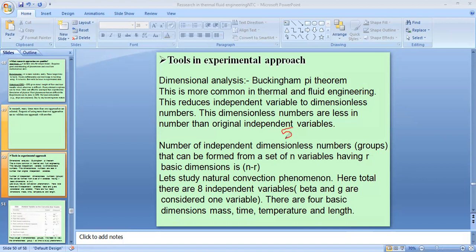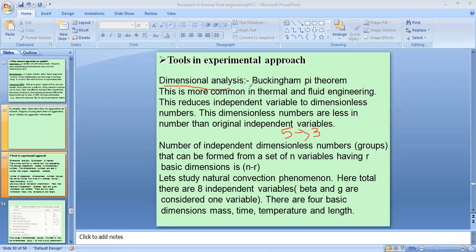When we deal with 5 parameters, you need so many variations that it will be difficult to conduct. If I reduce this to fewer parameters, then your number of readings gets reduced. So to reduce the number of parameters or variables in the research, we use dimensional analysis.